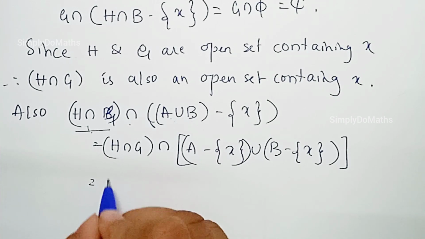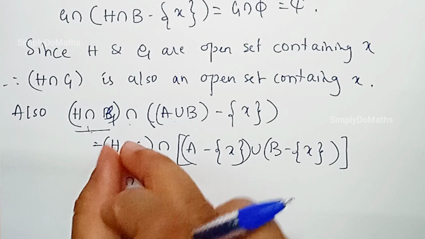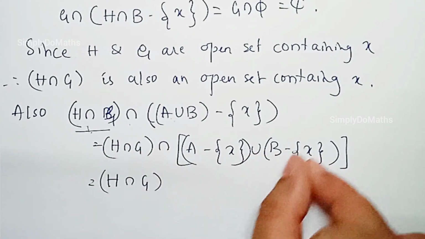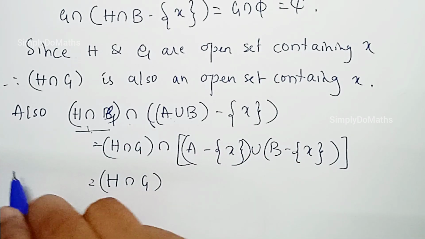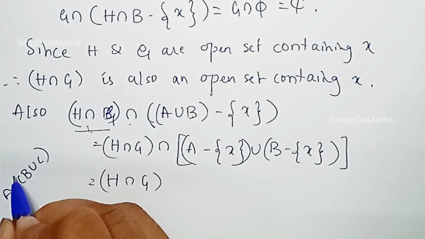Let's simplify again, keeping H intersection G as it is. See here, this intersection, this union this, is in the form A intersection (B union C).